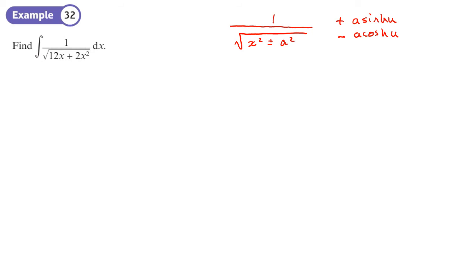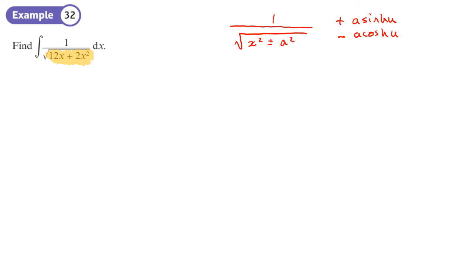Now you'll notice that this question we've got here isn't of that format because we've got this 12x and we haven't got a nice square number there. Now we're going to make it look like the other format, x squared plus or minus a squared, by completing the square.